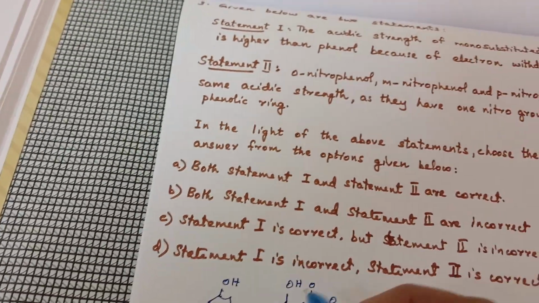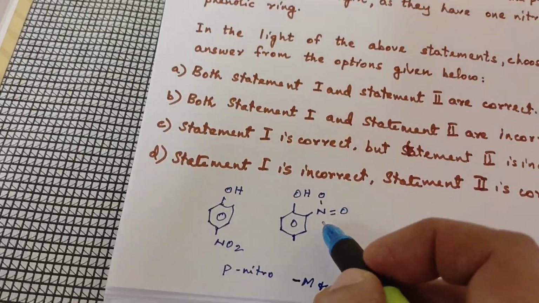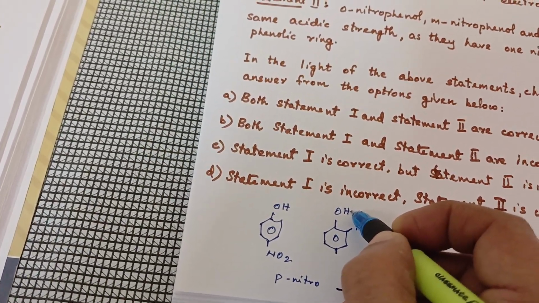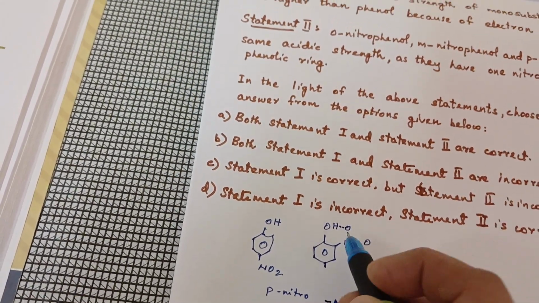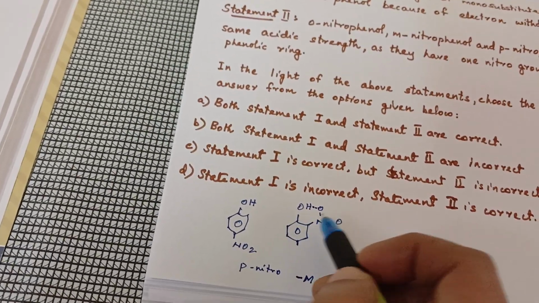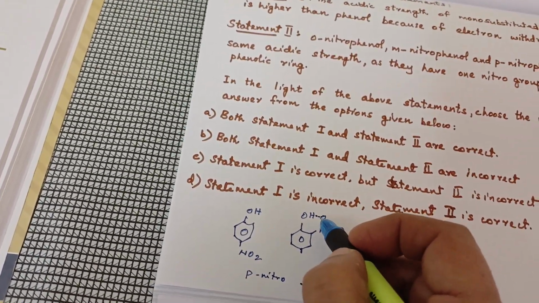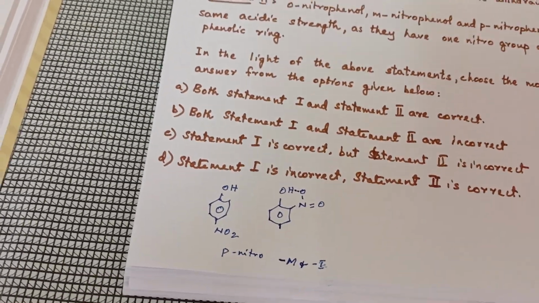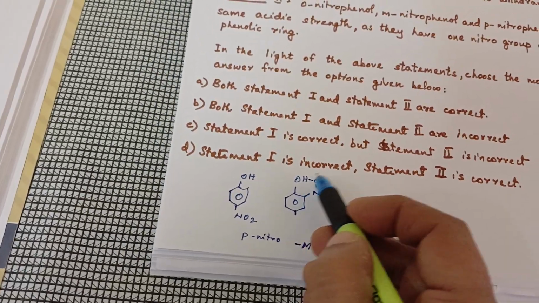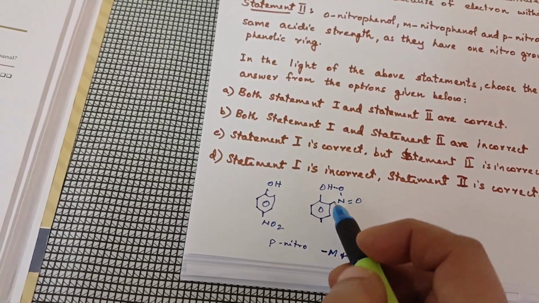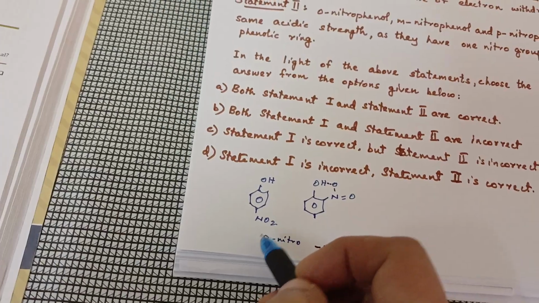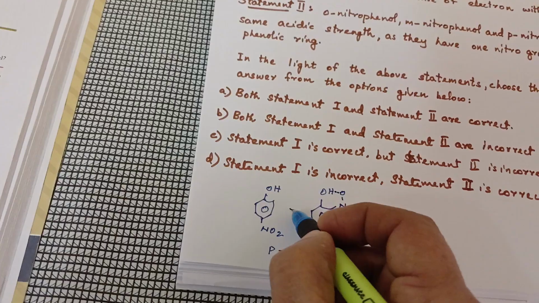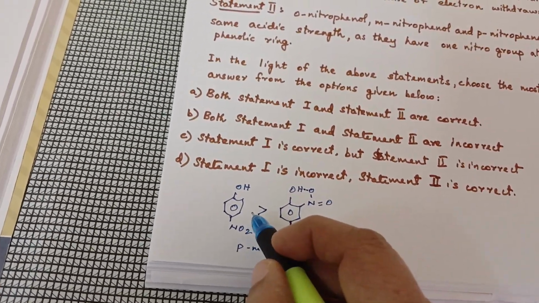Now here you can see that the proximity of the nitro group to the OH will give way for intramolecular hydrogen bonding here between this hydrogen and this oxygen. So for a phenol to become acidic, it has to give away this hydrogen as a proton. So the giving away is not as easy as in paranitrophenol. So orthonitrophenol will be less acidic than paranitrophenol.